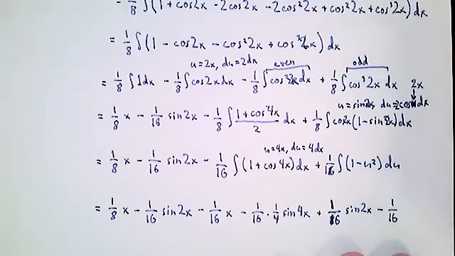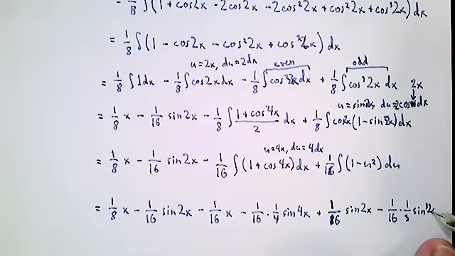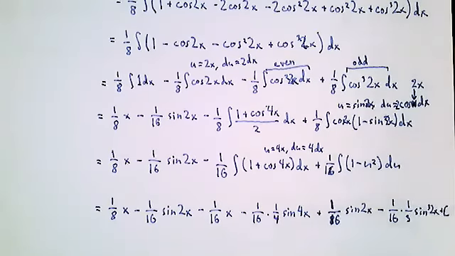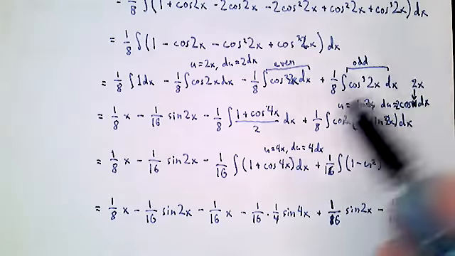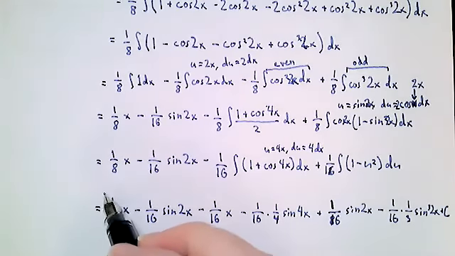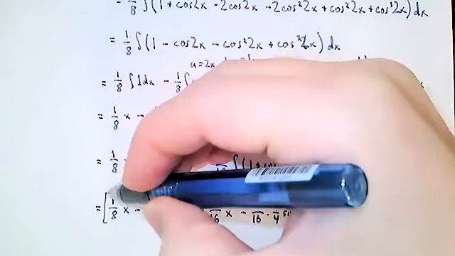So bring the 1 over 16 along, and then a 1 over 3 sine of 2x cubed. And then just barely enough room here at the end for our plus c. Okay, so that problem took slightly longer than I expected it would, since we're a couple of minutes over time.